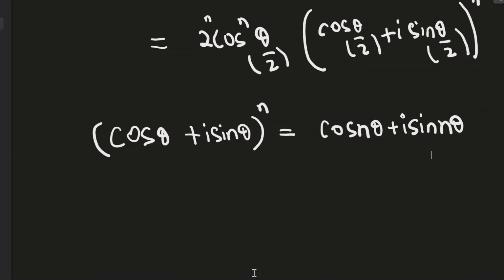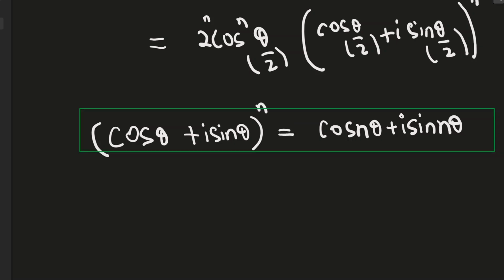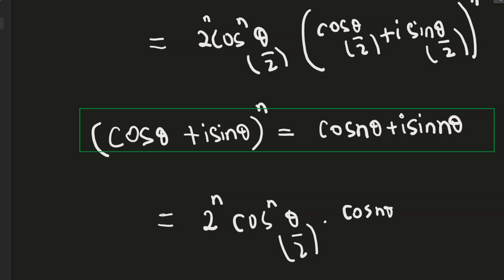So over here we're using this particular thing, so let's mark this as the main thing that we're going to be using. And now let's come back to the problem. We're going to write this as 2 to the power n cos to the power n theta by 2 times cos n theta by 2 plus iota sin n theta by 2.